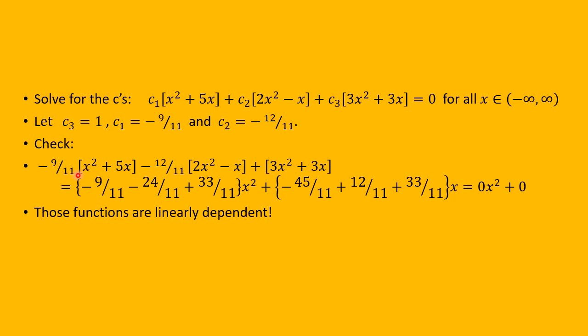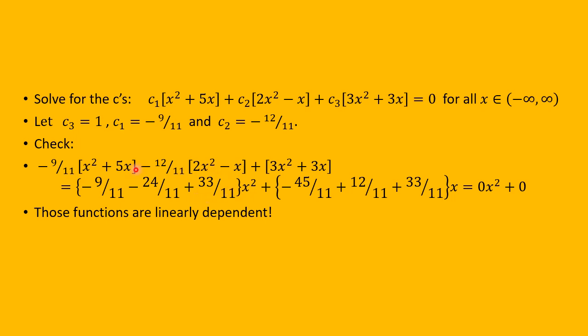If we look at the x squared term, we have minus 9/11 times x squared here, minus 12/11 times 2x squared here, plus 1 times 3x squared here. And so that's going to be what times x squared? Minus 9/11, minus 24/11, plus 33/11.